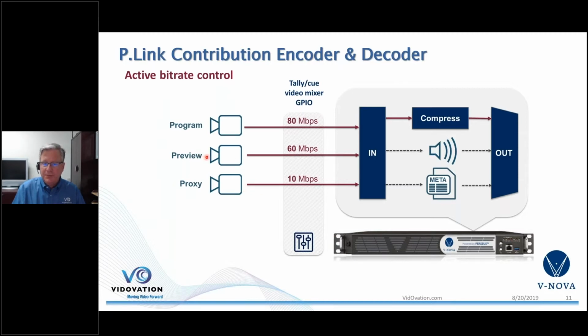When a camera enters preview, the bitrate can be jumped up from 10 to 60, and then when the camera is taken from preview to program, within a couple of frames, it's that quick, it will jump up to the higher bitrate.